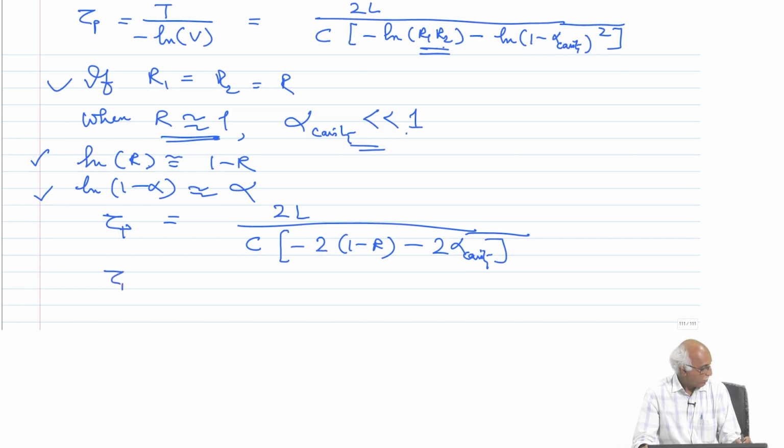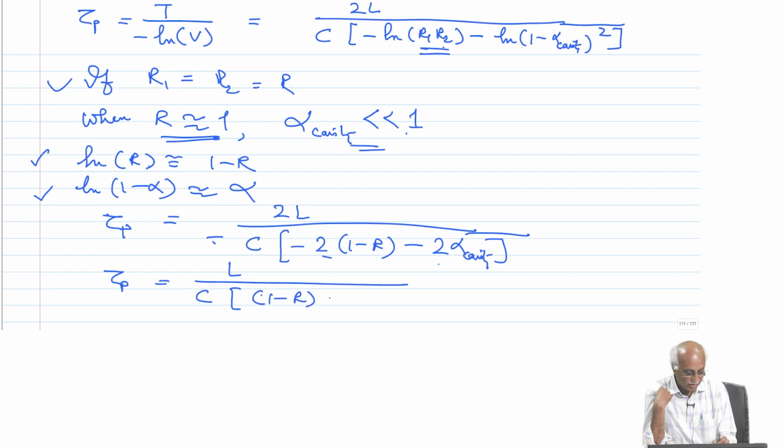So tau p can also be given by, 2 will get cancelled, we can take it out, L by C into... there was a minus sign here, so this minus and this minus will get cancelled, so we will end up with 1 minus R plus alpha into L. This is the answer. Is it okay? So this is the way that we can derive tau p.